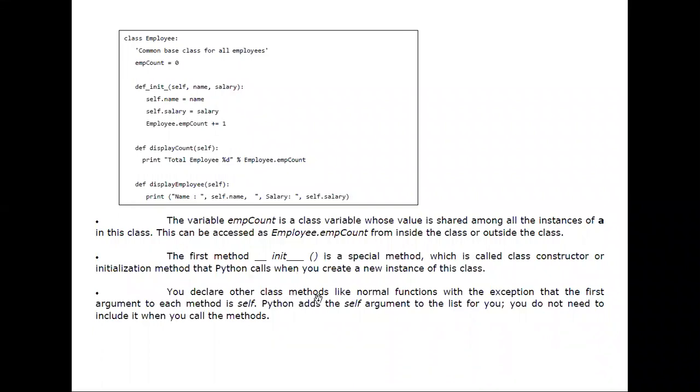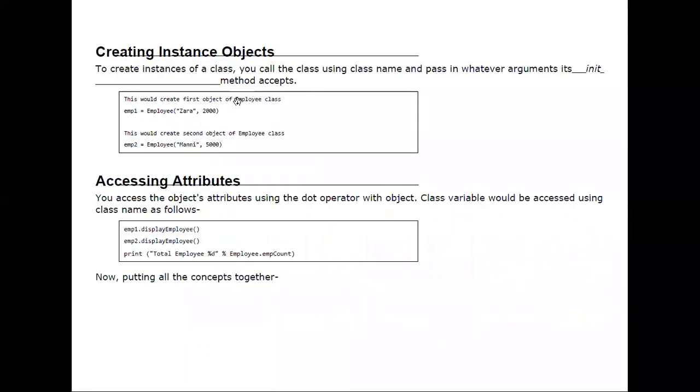You declare other class methods, जो हमने declare किए हुए हैं, उनकी functions हैं, and the first argument of each method is self. Python adds the self argument to the list for you. You do not need to include it when you call this method. ठीक है, ये पाइथन अपने आप ऑटोमेटिकली सेल्फ को एज ए आर्गुमेंट भी इंसर्ट कर देता है.